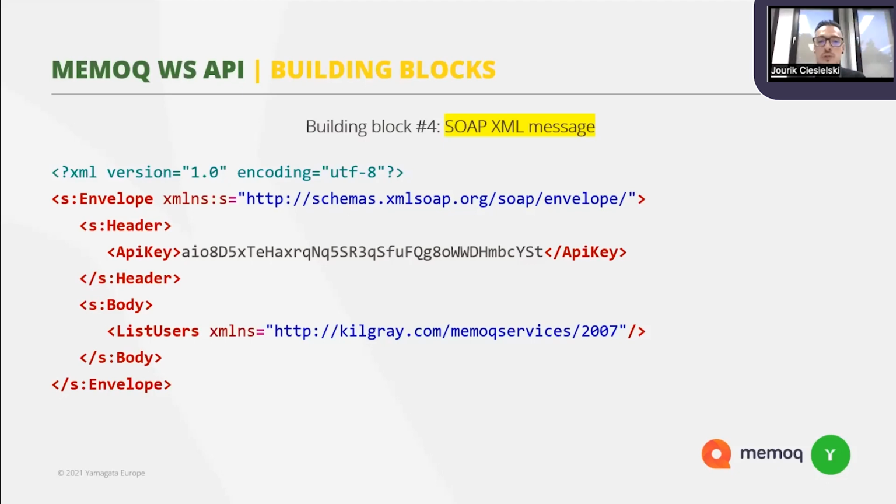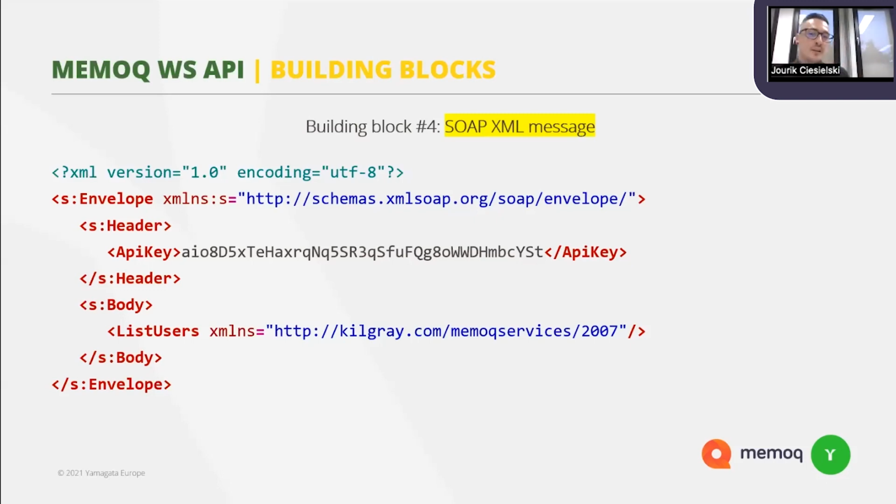In order to do so, I need to add only one element to the body element, which is list users. It's not supposed to contain any additional data. The only thing that we need to do is make sure that we declare the namespace for this custom element, the list users element. So this is the XML body that we're going to include in our API call.